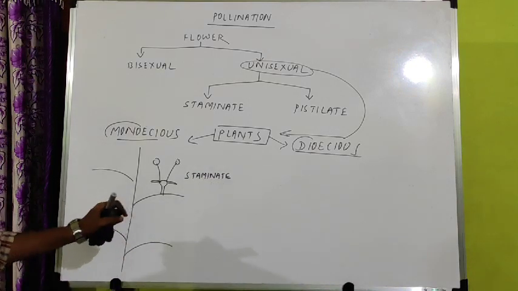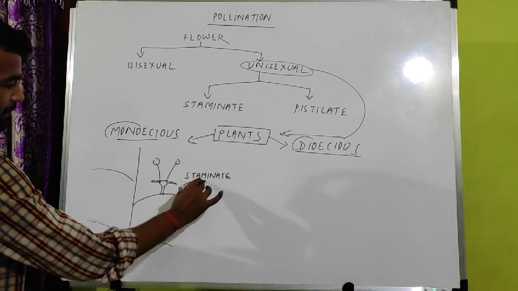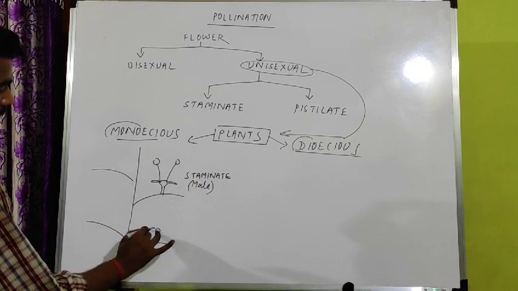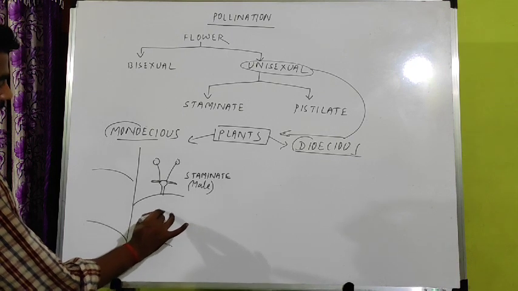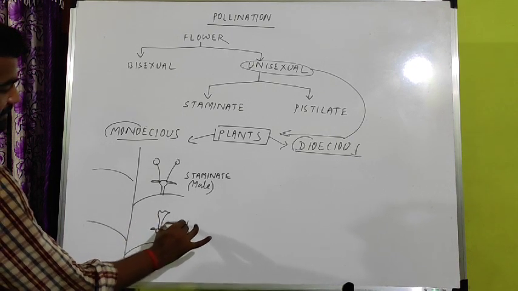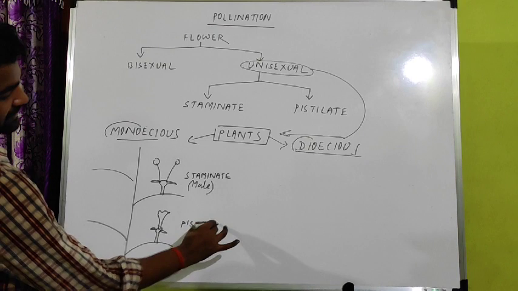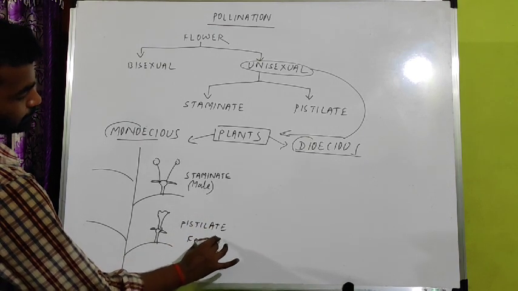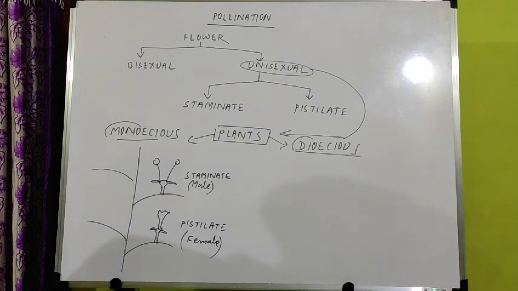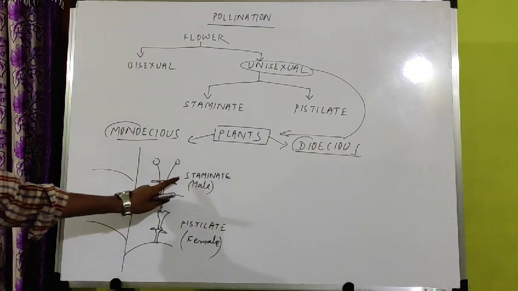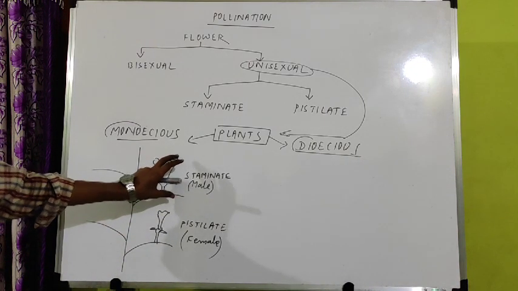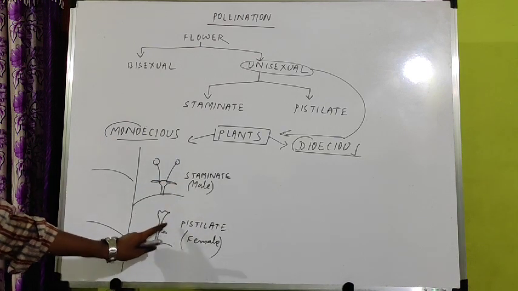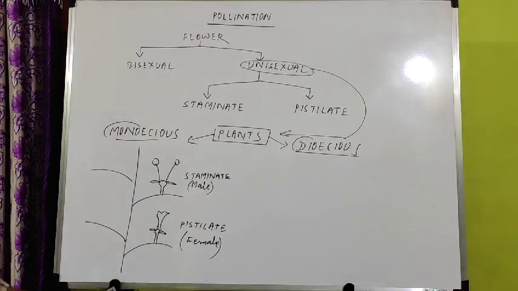Staminate means male; only stamens are present. Similarly, in the lower branch there is only a pistillate flower, which means female flower. So the staminate flower in the upper branch and the pistillate flower in the lower branch are found in a single plant.